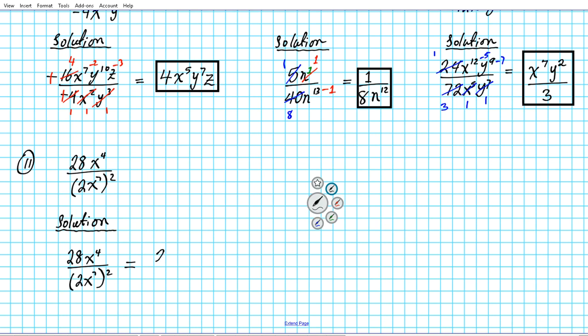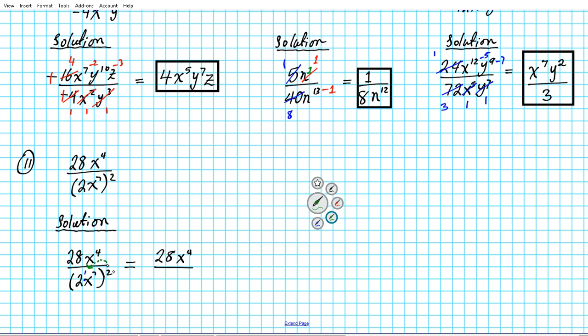So in the numerator, we'll just have 28x to the 4th. And then in the denominator, this 2 will be multiplied by the powers of the factors in the parentheses, okay? So 2 has an invisible power of 1. So this 2 will get multiplied by this 1.